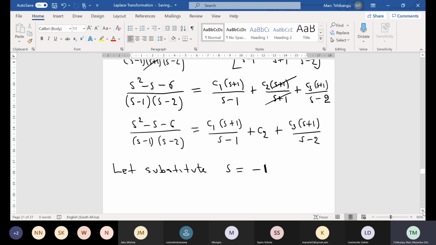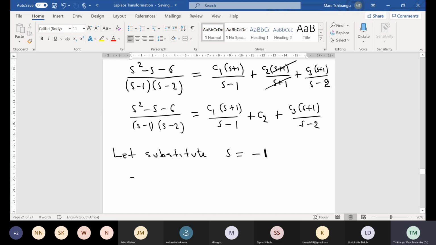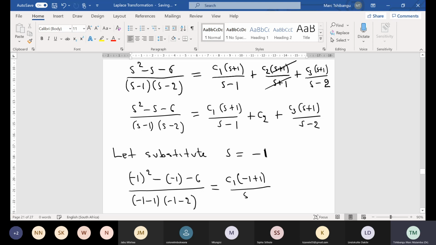Let's do that. So we're going to have (-1 squared minus -1 minus 6) over (-1 minus 1)(-1 minus 2) equals C1 over (-1 minus 1) plus C2 plus C3 over (-1 minus 2).